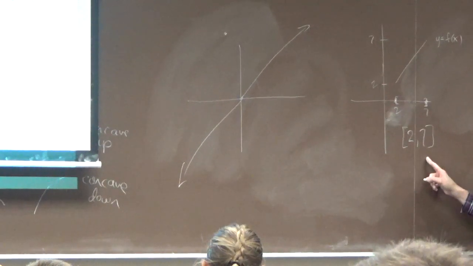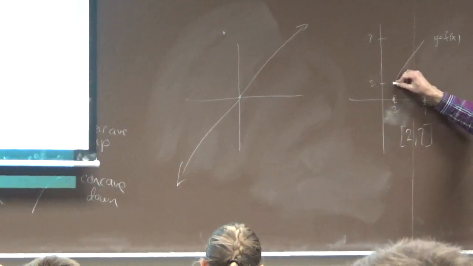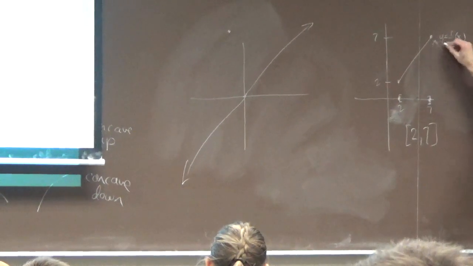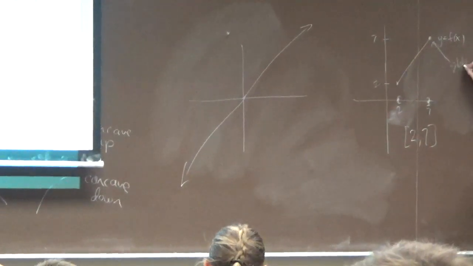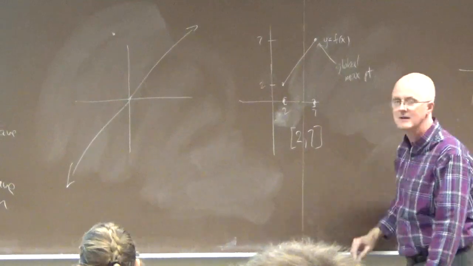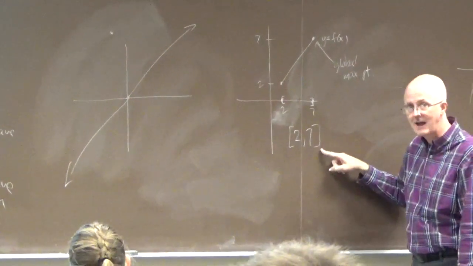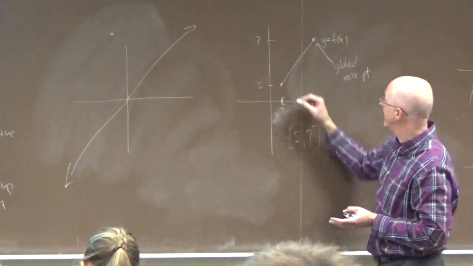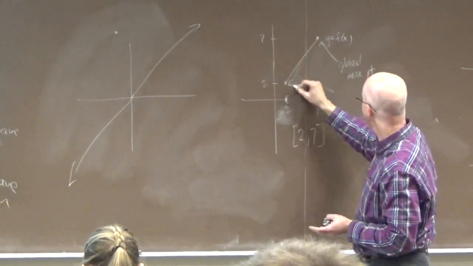The domain is that closed interval. Then there is a high point and a low point in the graph. That would be a global maximum point over this domain. I'm not considering any other real numbers as input. And this would be a global minimum point.